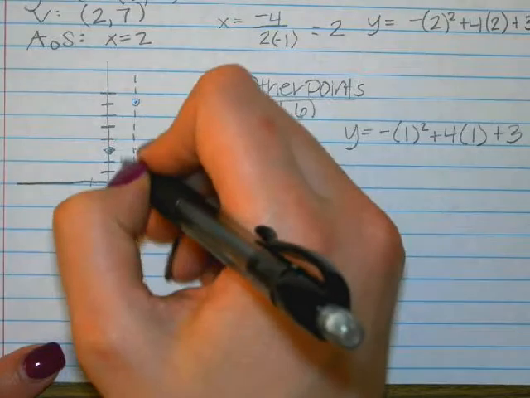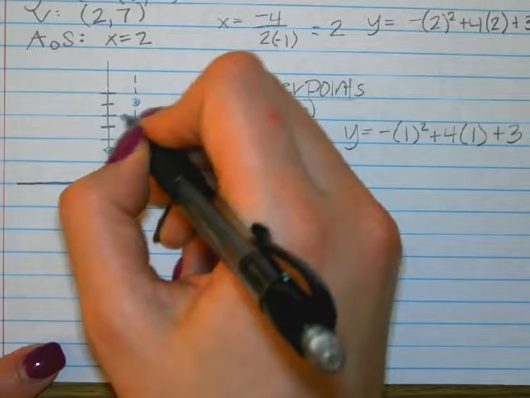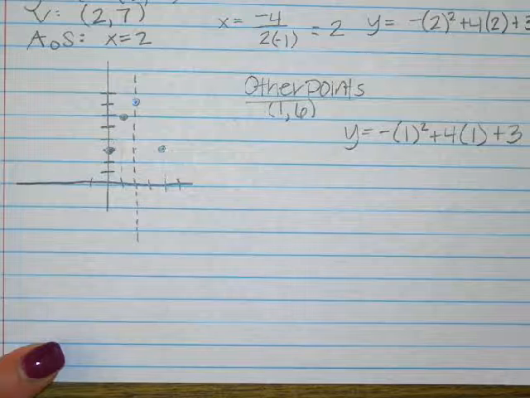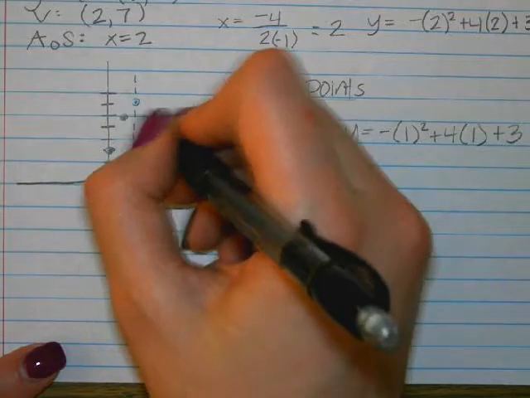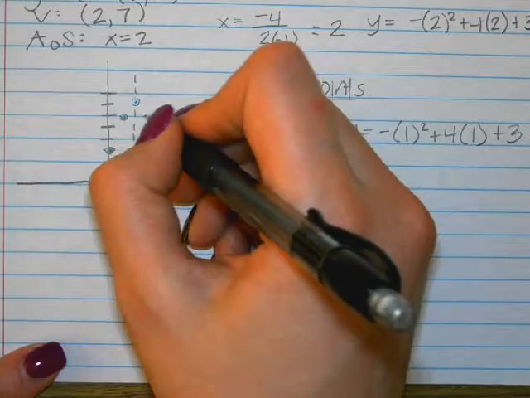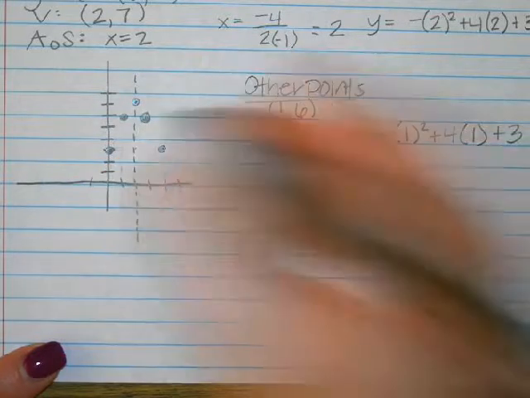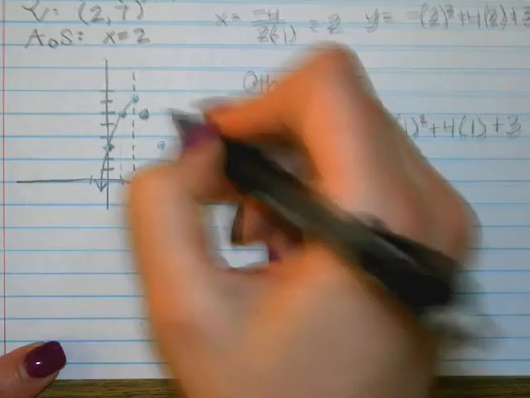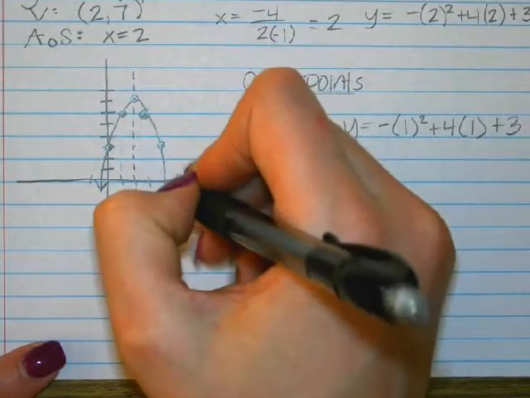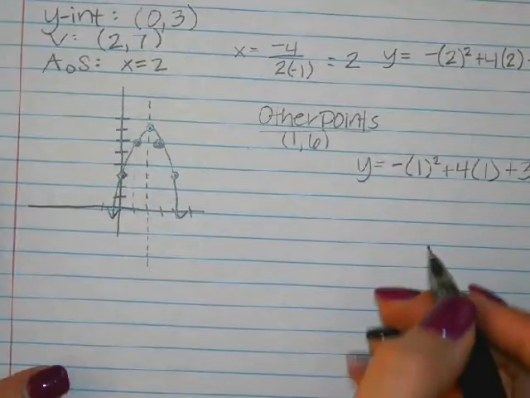So I've got the point 1, 6. And what's another point that I have? Yeah, the opposite of that. So if I reflect that over the axis of symmetry, that would give me the point 3, 6 as well. And at this point, I've got all 5 points for my parabola. Looks something like that.